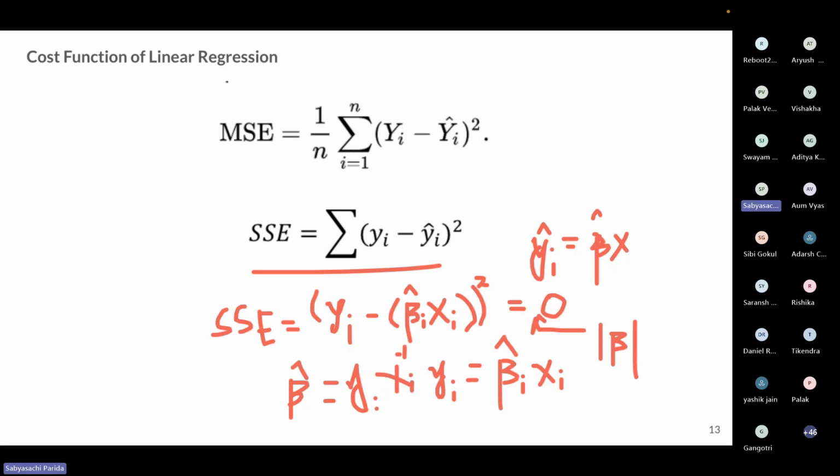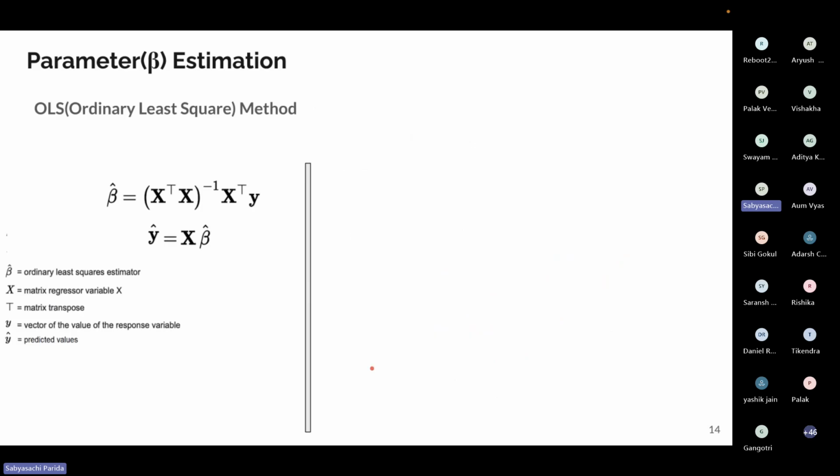If I write the x inverse the other way around, it would be x transpose x inverse into x transpose into y. So beta cap would be this if I solve by ordinary least squares, where y cap is equal to x into beta. Beta is nothing but the ordinary least squares estimator, x is the matrix, and T is the transpose, and these are all things that you know.